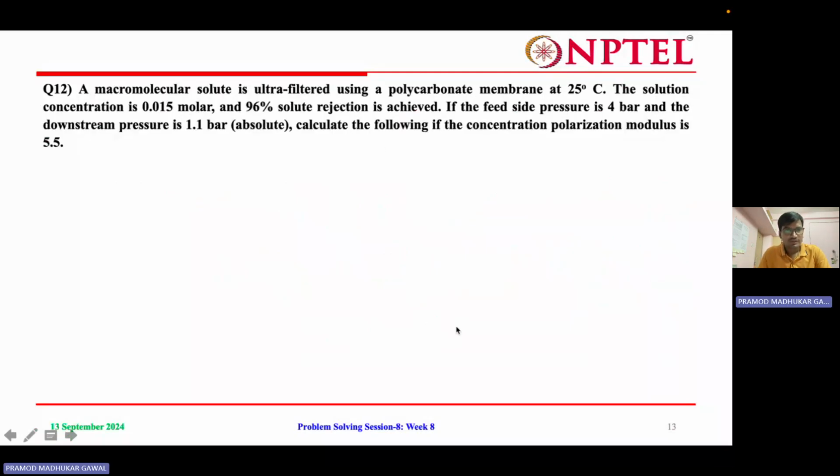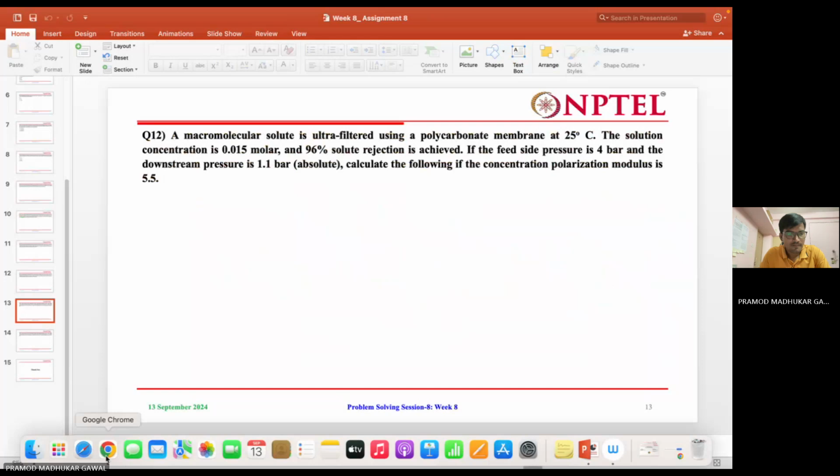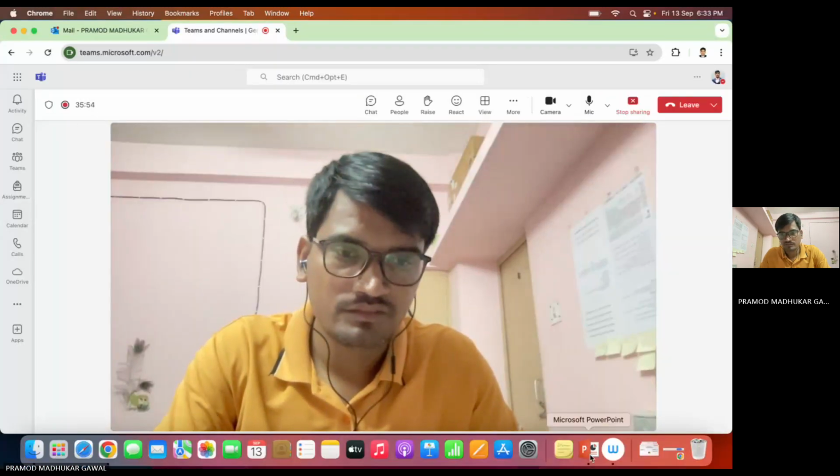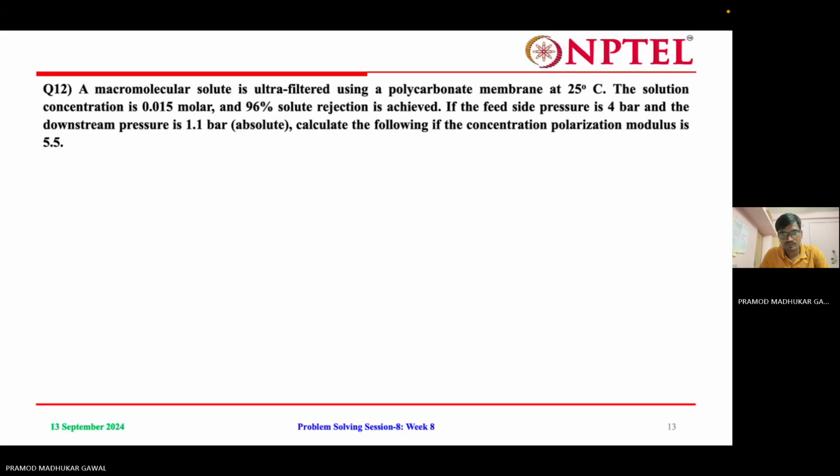Moving to question number 12. A macromolecular solute is ultrafiltered using the polycarbonate membrane at 25 degrees Celsius. The solution concentration is 0.015 molar, that's CB.